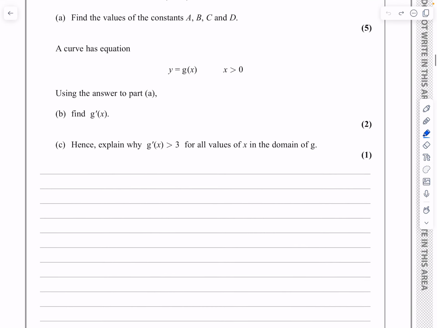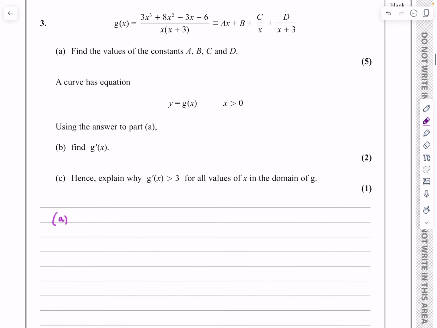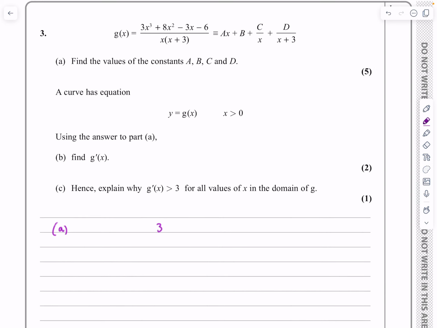So the way that I'm going to do this one is, I'm actually just going to do the long division: 3x cubed plus 8x squared minus 3x minus 6, divided by x squared plus 3x, and see what we get.